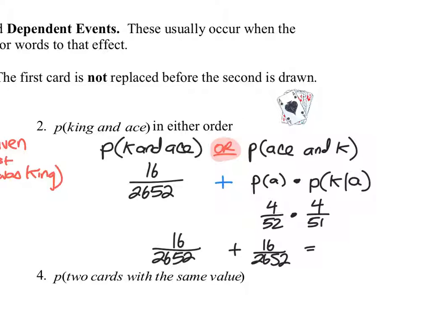Both are not happening simultaneously. It's one situation or the other. So you have to think of it as a reset button where all the cards are being put back in the deck every time you have a plus sign or an or in one of these probability questions. All right? So 32 over 2652.